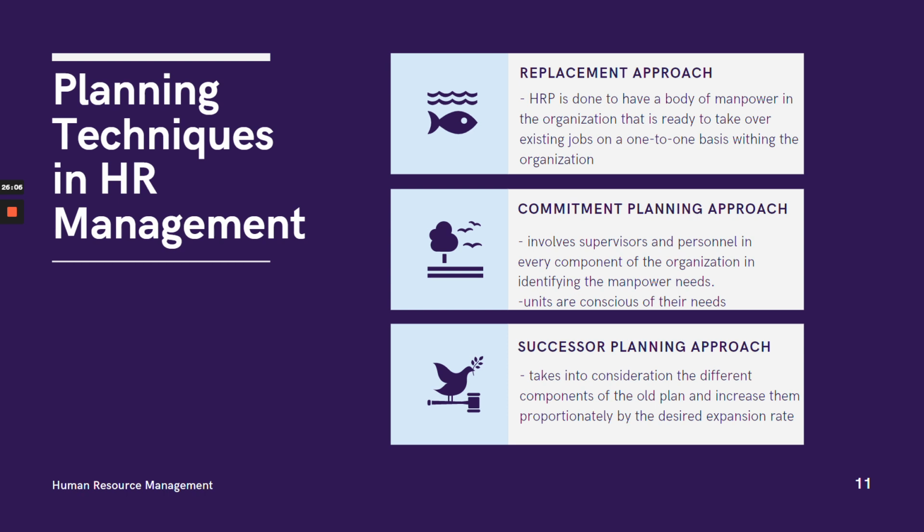The last approach is the successor planning approach. This approach actually takes into consideration the different components of the old plan and increases them proportionately by the desired expansion rate stated by the management. So successor, hibalo man ka nga there are expansions that will be done, there are improvements that will be done.